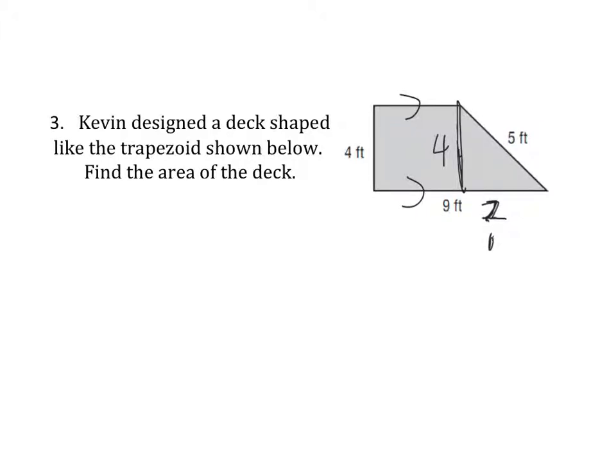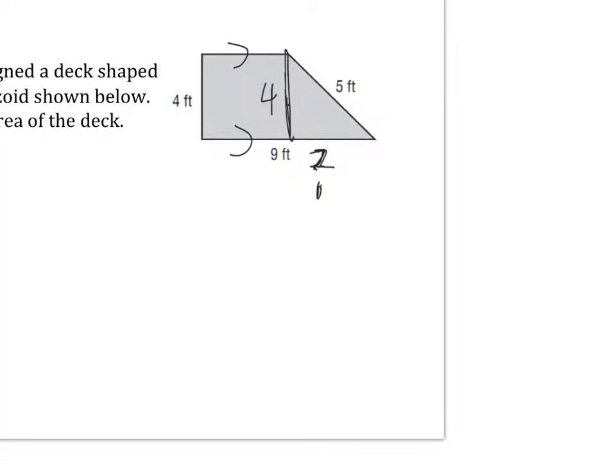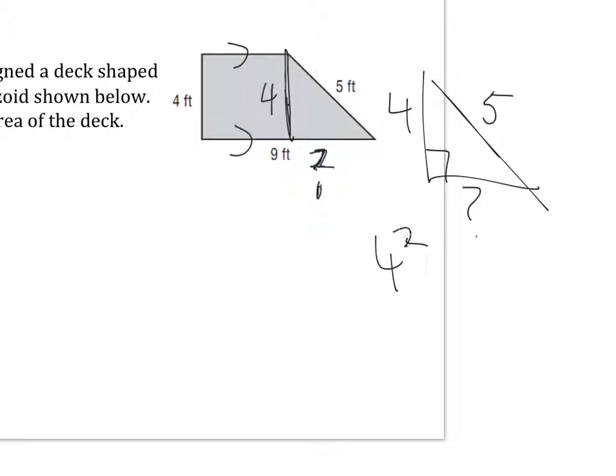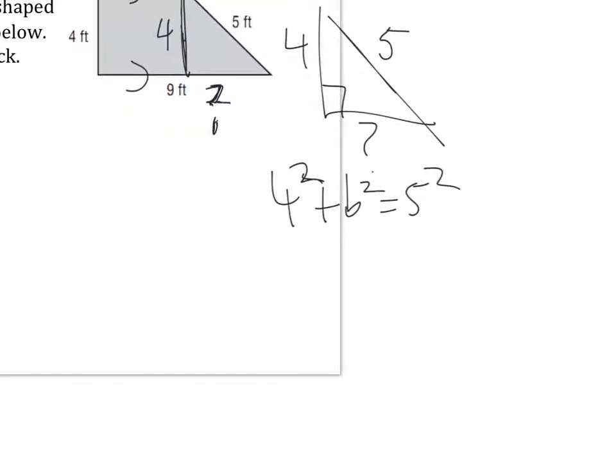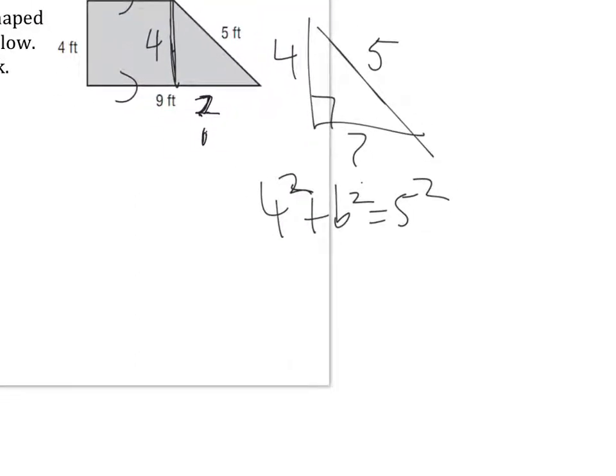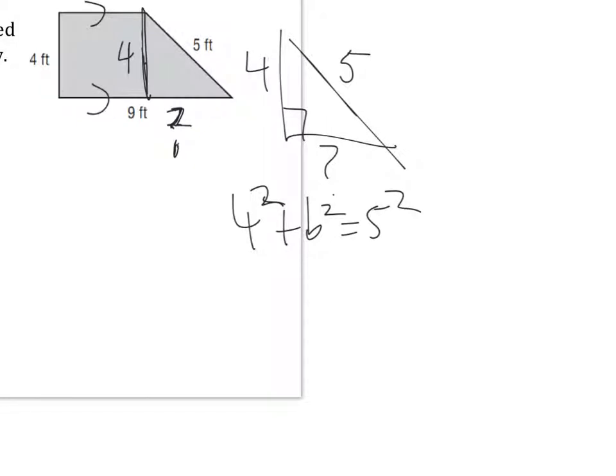So I want to take a look at this. I've got another right triangle here, where this is 5, this is 4, right triangle. I've got to figure out what that guy is. So I want to use the Pythagorean theorem again. So I want to take 16 plus b squared equals 25.